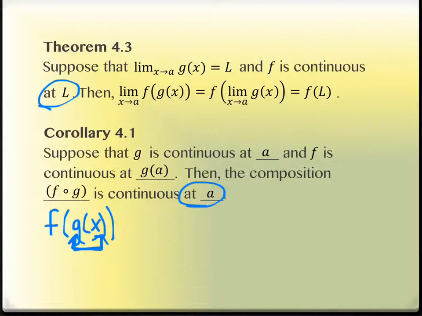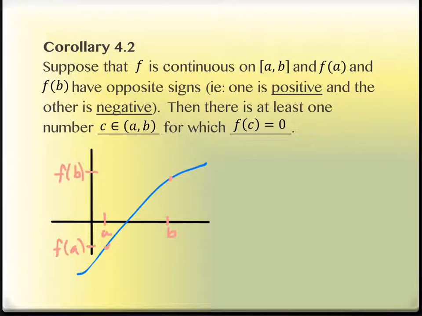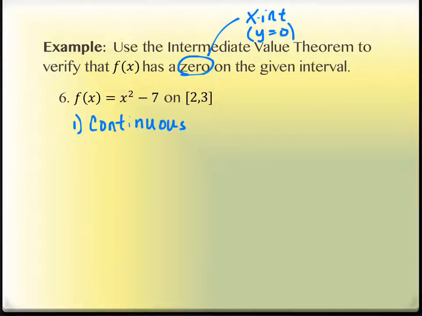So anytime we have a polynomial, or a sine or a cosine or a radical, we automatically get it for free. This is continuous because it's a polynomial. And do you have to write down the issue about continuity? Yes. You need to know that this is continuous, because if the function's not continuous, nothing else works.